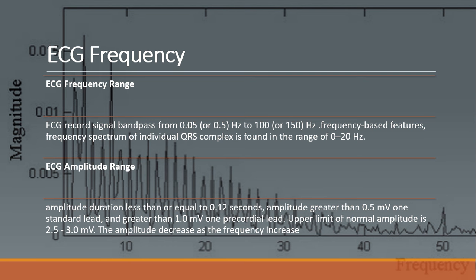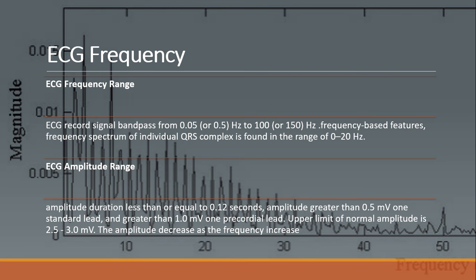ECG frequency and the frequency range. ECG records the signal bandwidth from 0.05 or 0.5 Hz to 100 or 150 Hz. Frequency-based features and the frequency spectrum of an individual QRS complex are found in the range of 0 to 20 Hz.